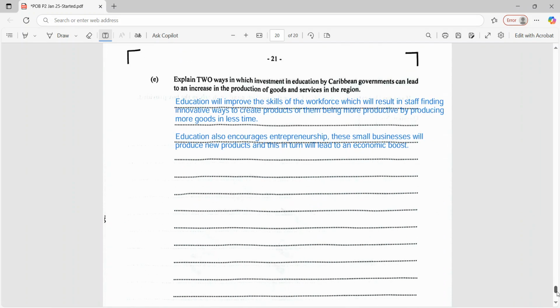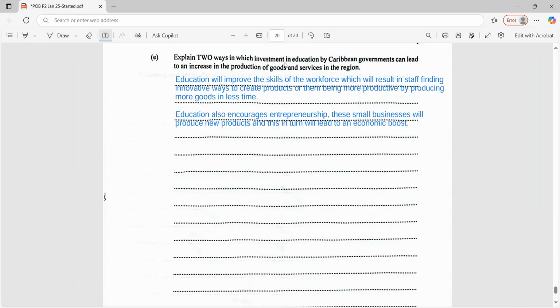All right. E says explain two ways in which investment in education by Caribbean governments can lead to an increase in the production of goods and services in the region. If we invest in education, the workforce will have more skills, and therefore the staff will find innovative ways to create the products faster, and innovative products will be created as well, and therefore productivity will increase because more goods are being made in less time.